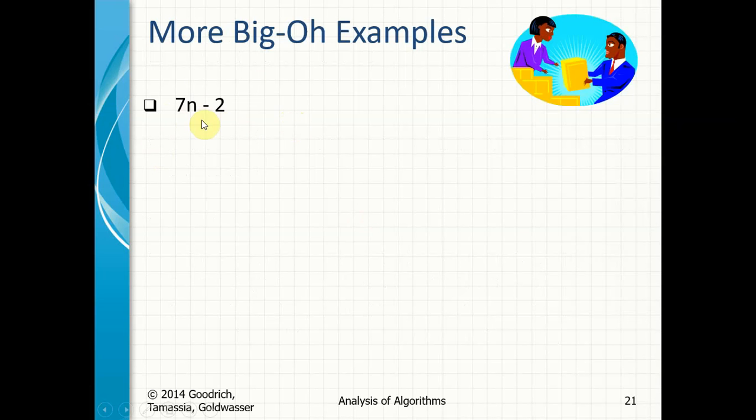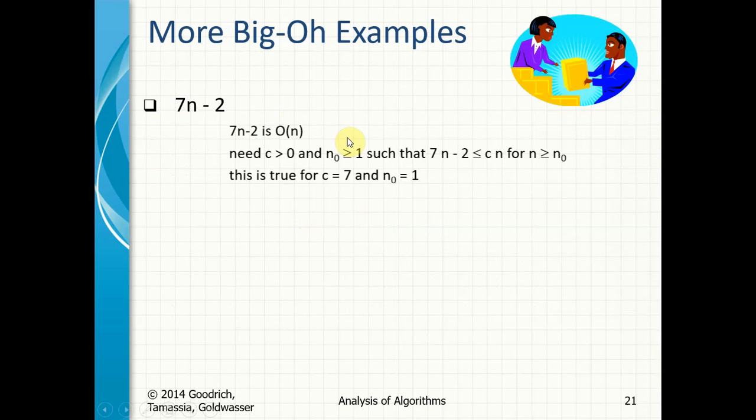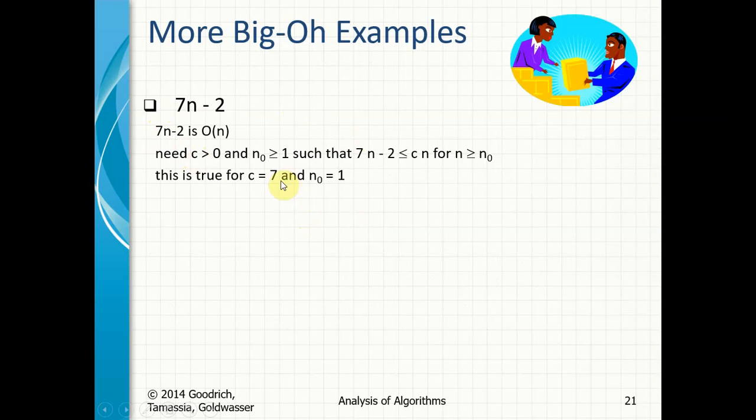For example, 7n minus 2. What is the Big-Oh notation for it? If we try to calculate, we can find, for example, c equal to 7 and n0 equal to 1.